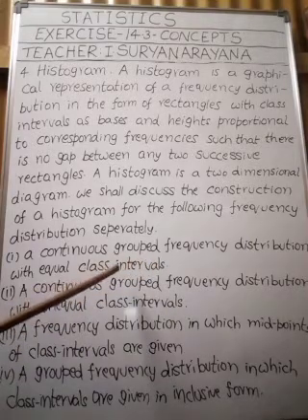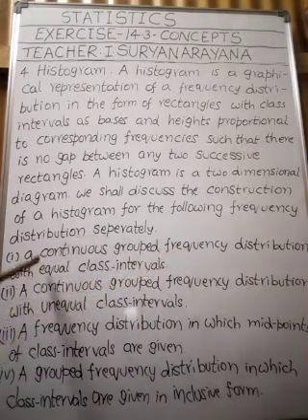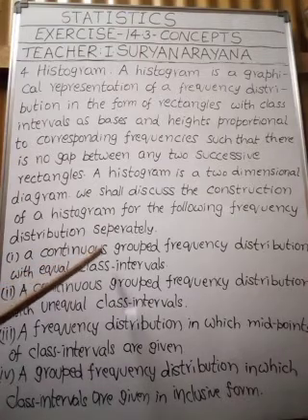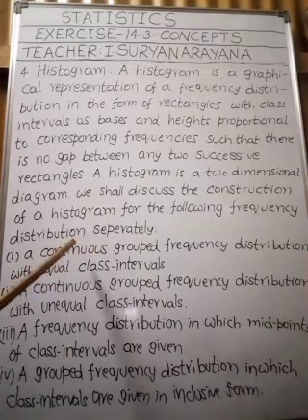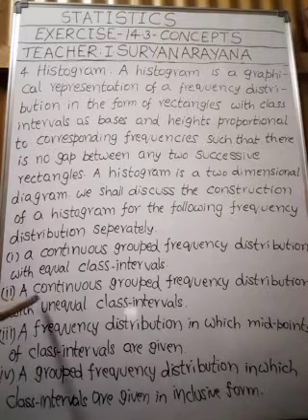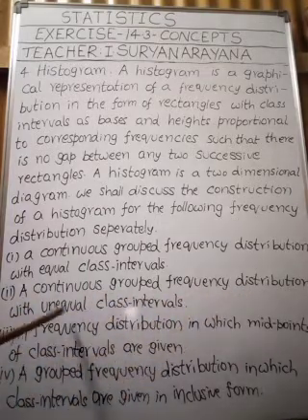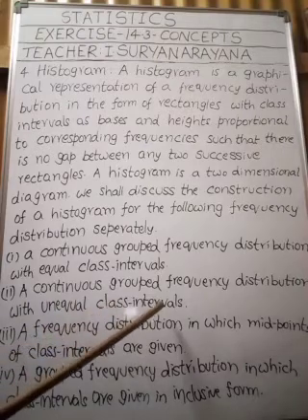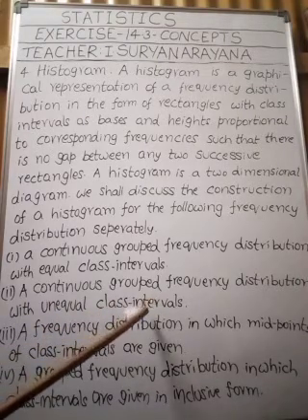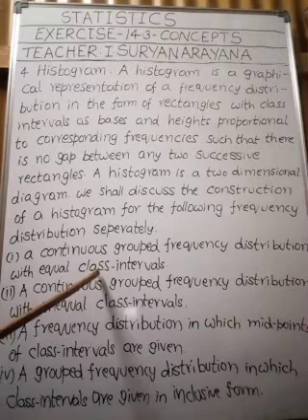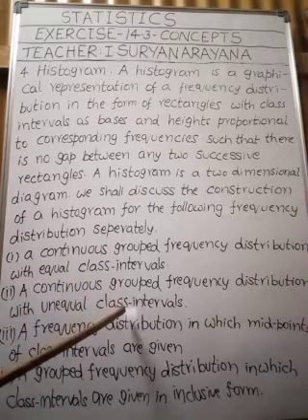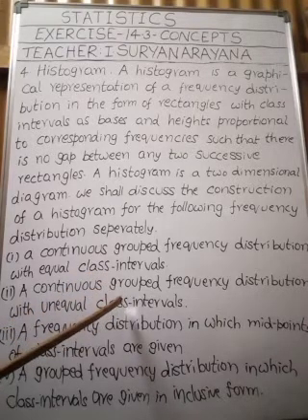Continuous, I will explain what is meant by continuous. Next, second point, a continuous grouped frequency distribution with unequal class intervals. Okay, my children, understood this point. Here class intervals are the same. Here different class intervals, different widths.